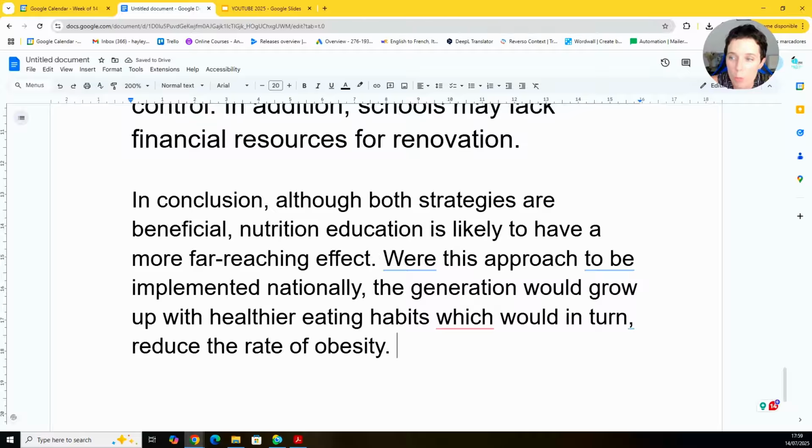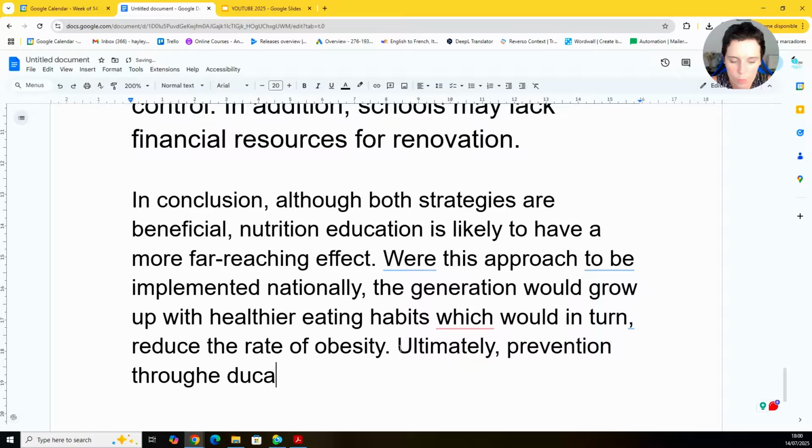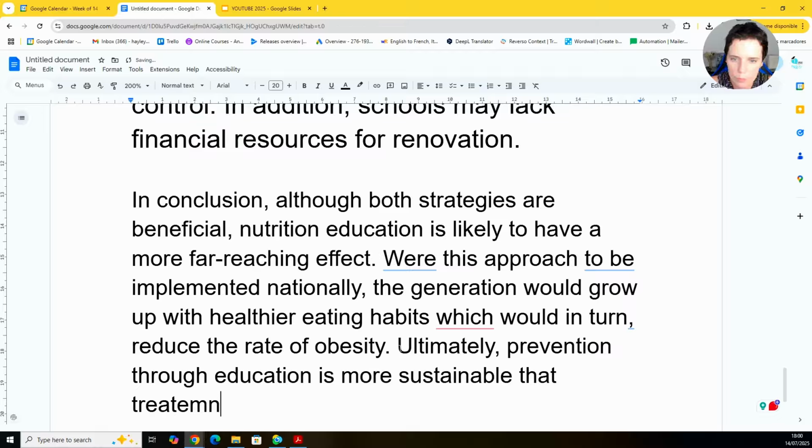You can maybe add one more final statement on the end. You know, like ultimately, prevention through education is more sustainable than treatment after the fact.